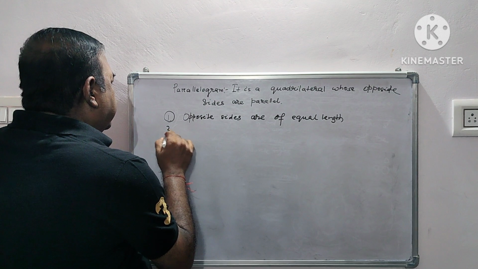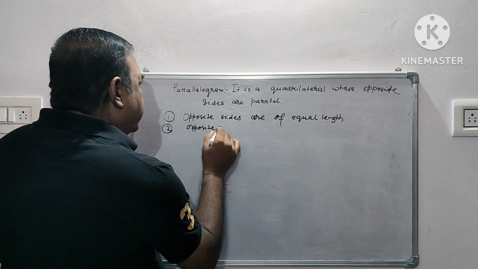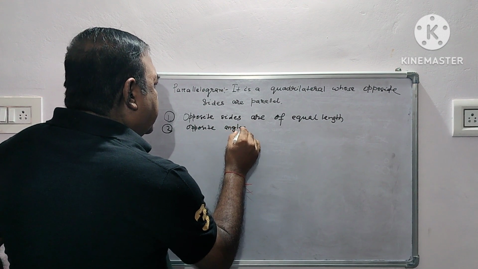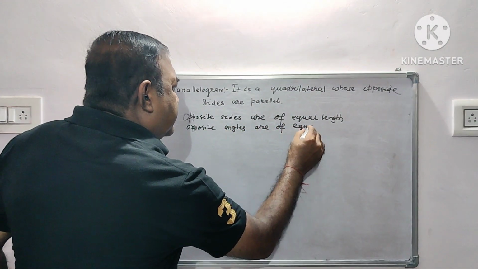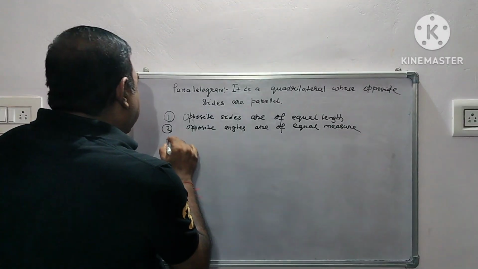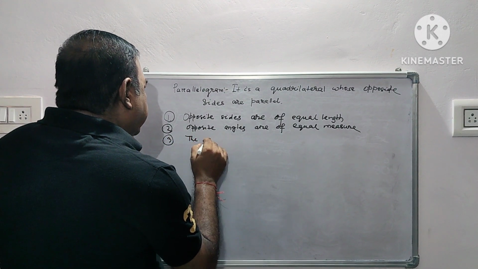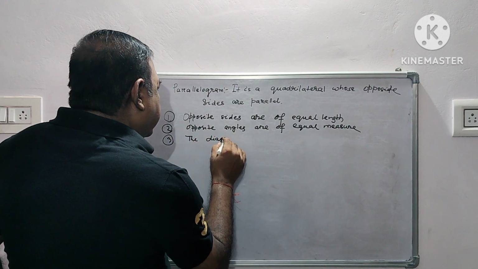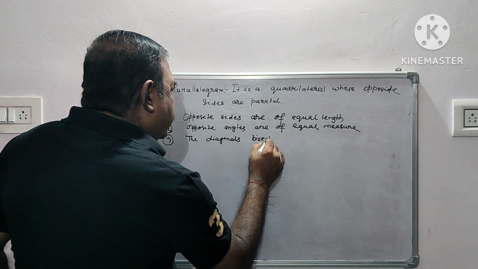Number 2, opposite angles are of equal measure. Number 3, the diagonals bisect each other.